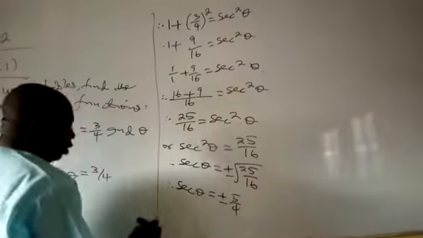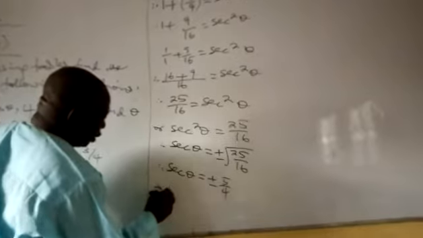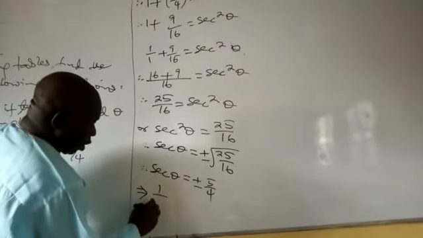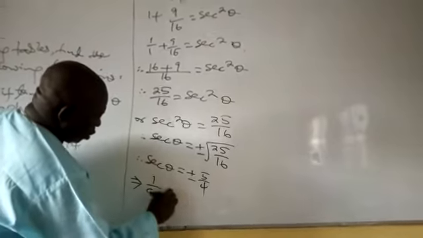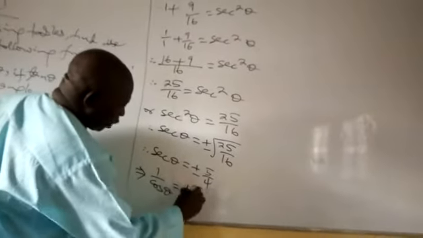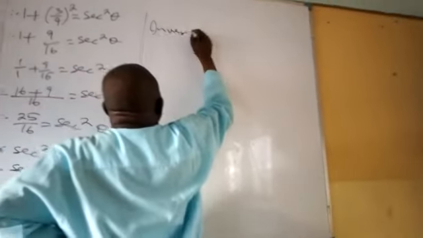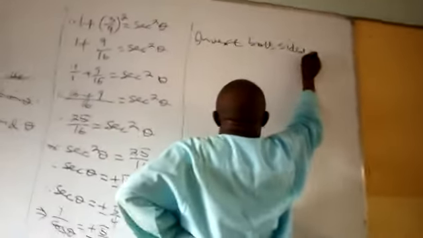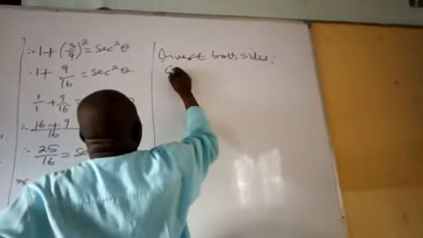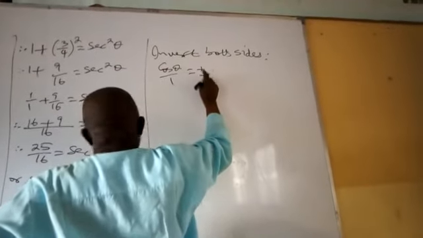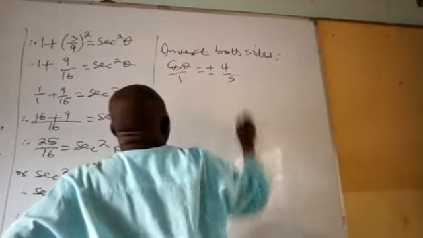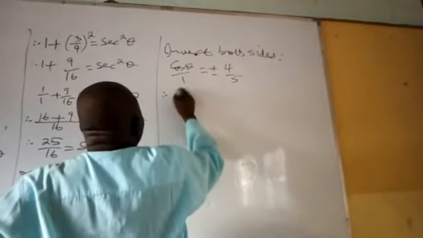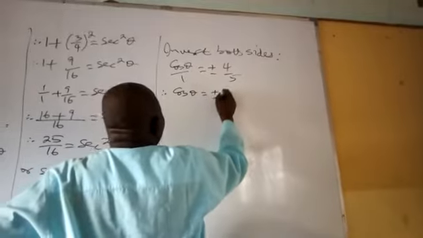So sec theta is plus or minus 5 over 4. Now I can invert both sides. If I invert both sides, I have cos theta over 1 equal to plus or minus 4 over 5. Therefore, cos theta is plus or minus 4 over 5.